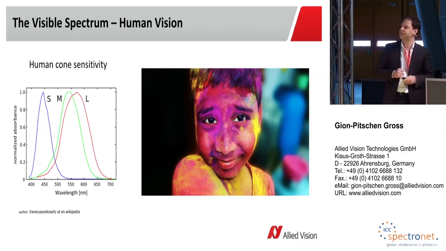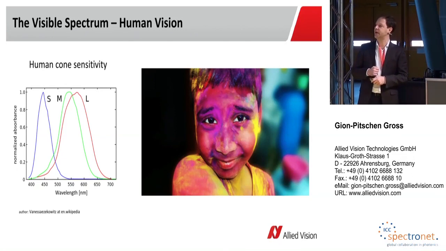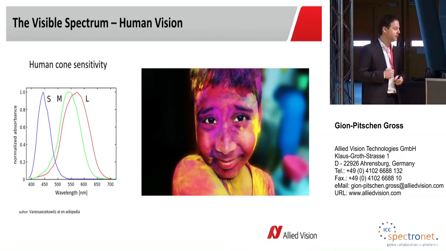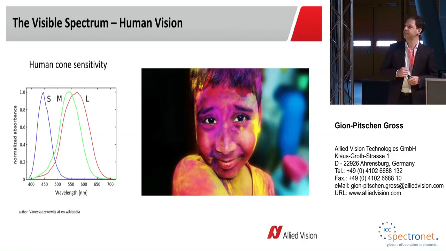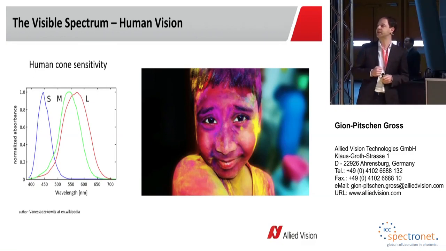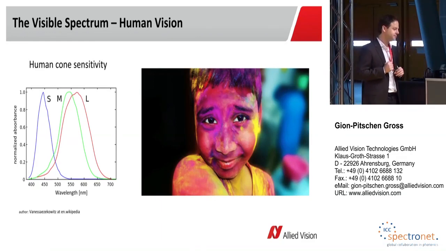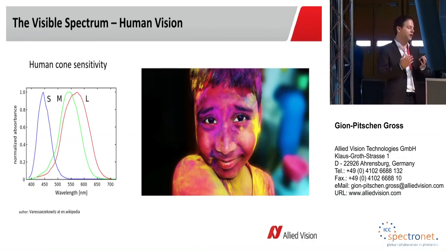So for example, if we have a blue light source at around 450 nanometers, we get a strong signal on the short receptor and very small signals on the medium and long receptors. Our brain brings this together so we can see a blue color.